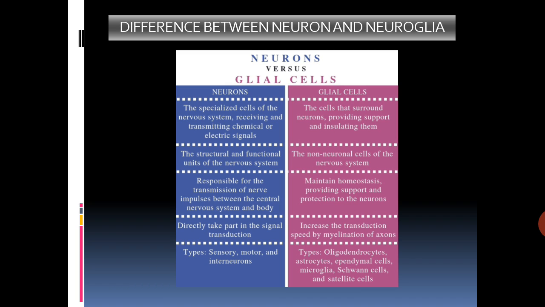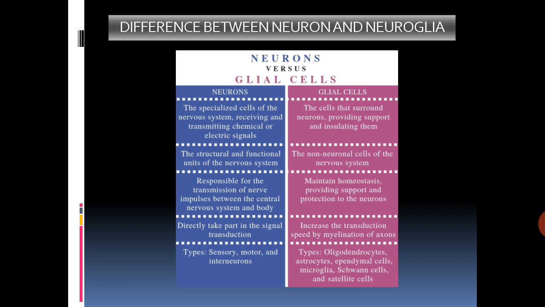Neurons are the structural and functional unit of the nervous system. Glial cells are non-neuronal cells of the nervous system. Neurons are responsible for the transmission of nerve impulses between the central nervous system and body. Whereas glial cells maintain homeostasis, providing support and protection to the neurons.